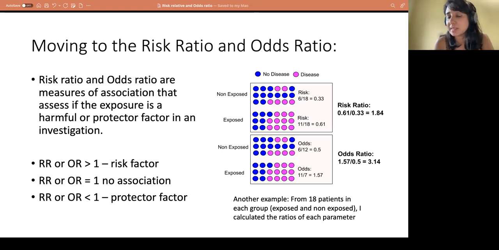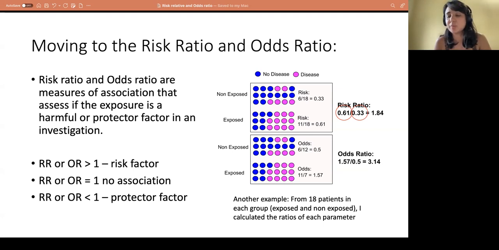So the risk is 0.61. On the other hand, we need to calculate the risk in the non-exposed group. In this case, we had 6 patients that developed the disease, even though they were not exposed, and 18 patients at risk. In this case, the risk is 0.33.